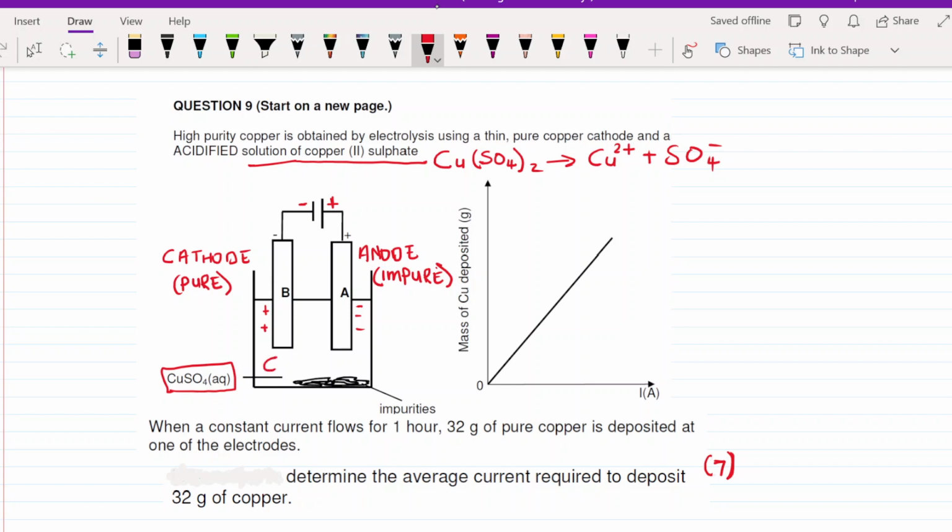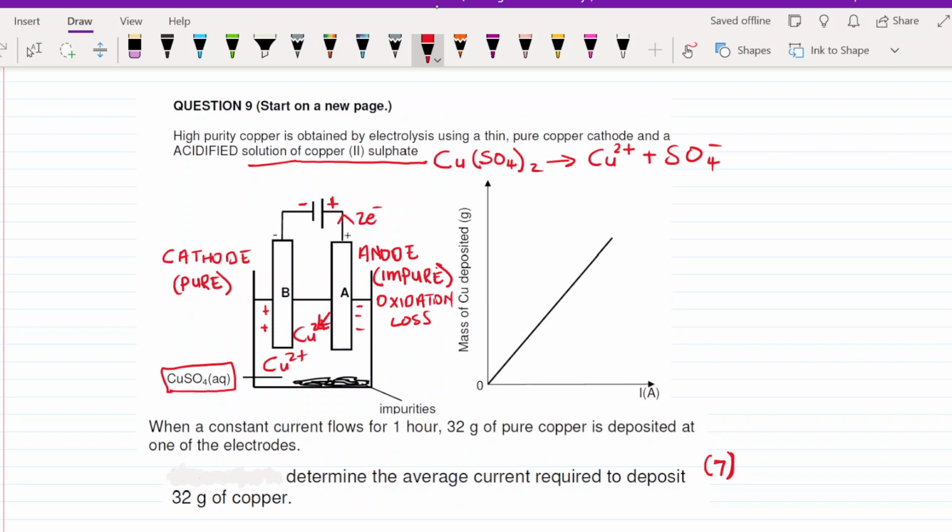Imagine there are copper ions that will come from the anode. Remember, on the anode we have oxidation. That means we have a loss of electrons. Electrons will be coming that side, and it's going to lose also copper 2 plus ions.